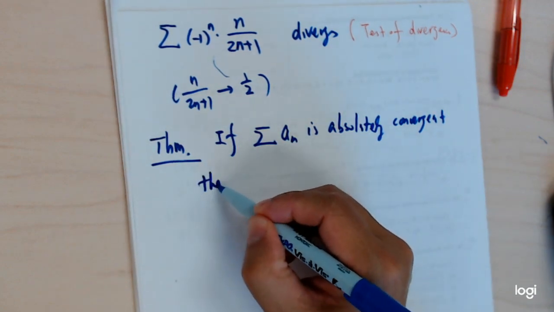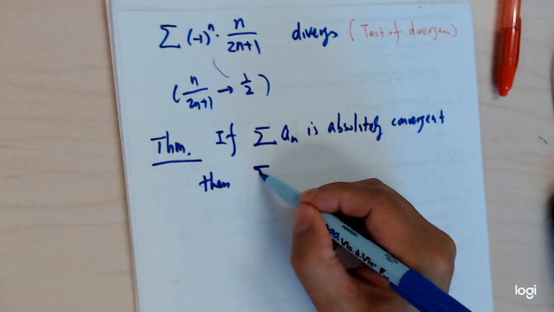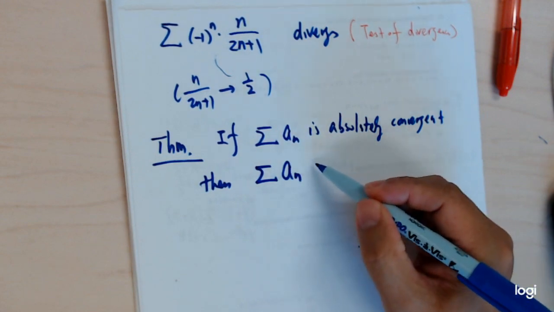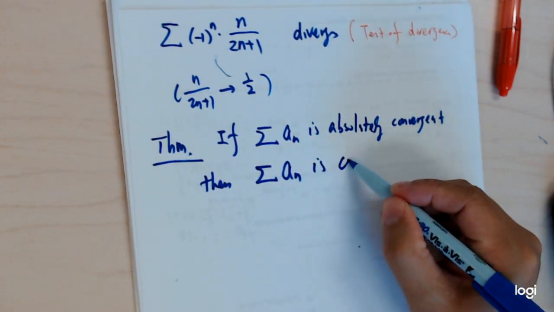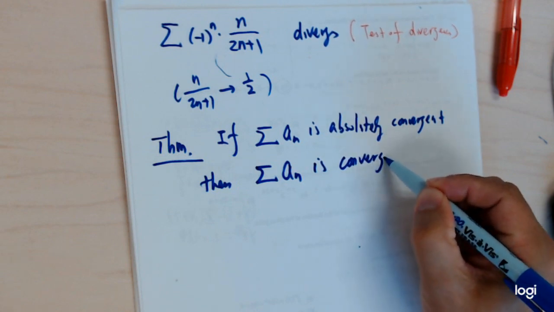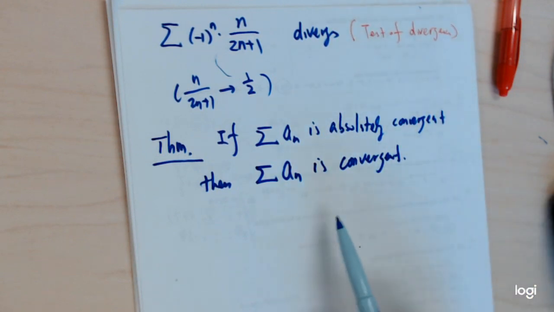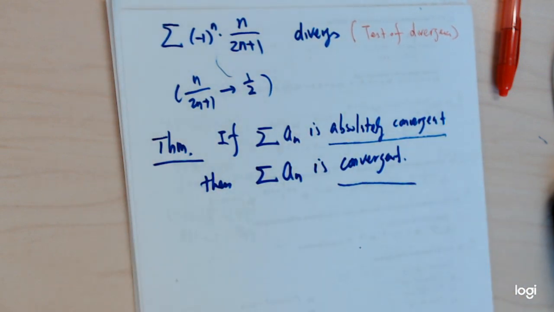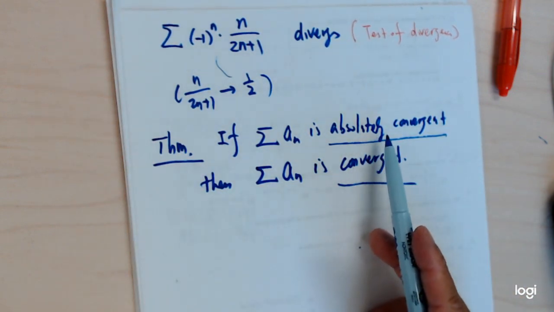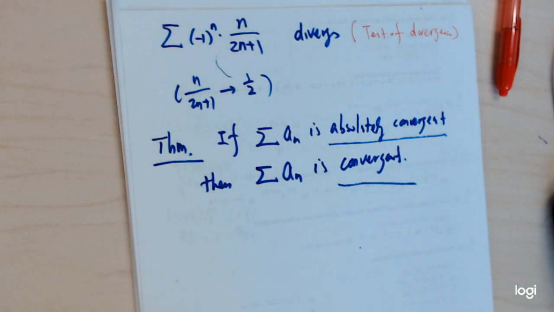The result claims then the original series, sigma a sub n, must also be convergent. So absolutely convergent implies convergent. If a series converges absolutely, it must be convergent. So think about that.